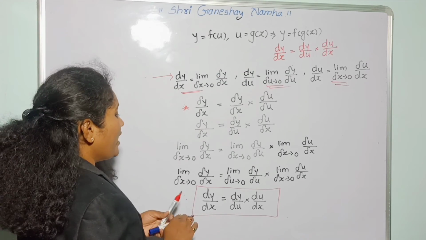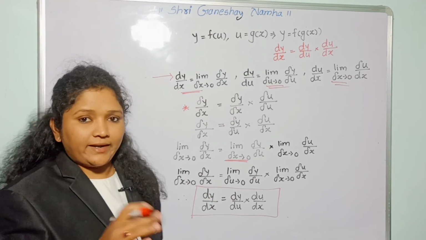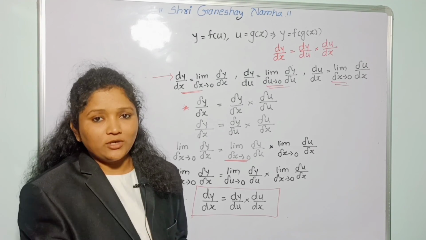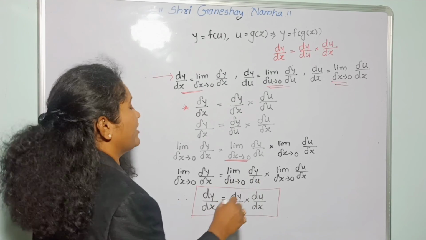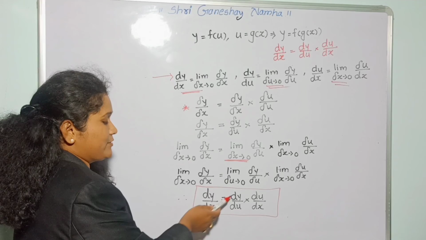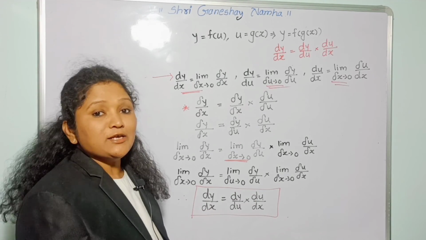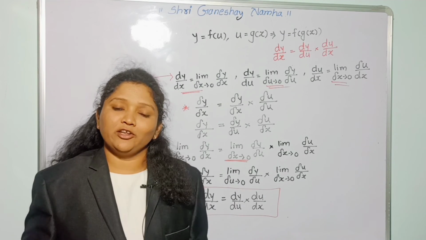Again, we have to change the limit here only, because as delta x tends to 0, we can take delta u tends to 0. So here we change to delta u tends to 0. After that, apply these three definitions. We get dy by dx equals dy by du into du by dx. So this is the proof of the theorem of derivative of composite function.